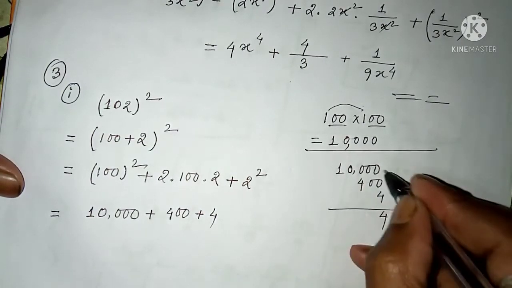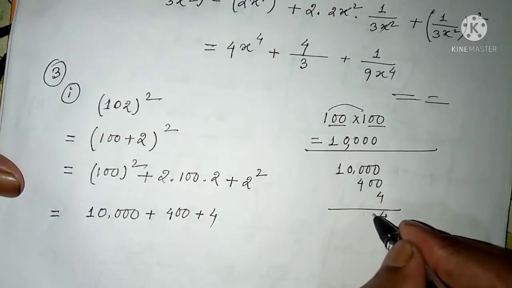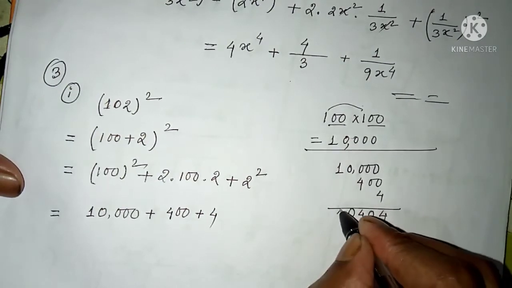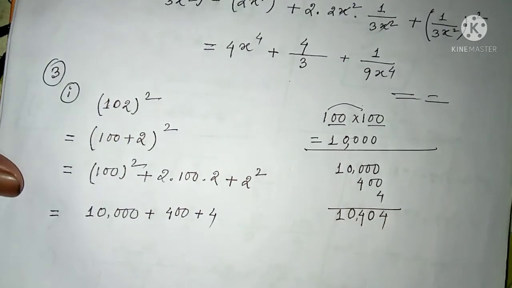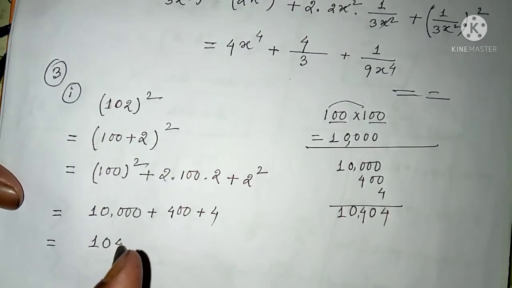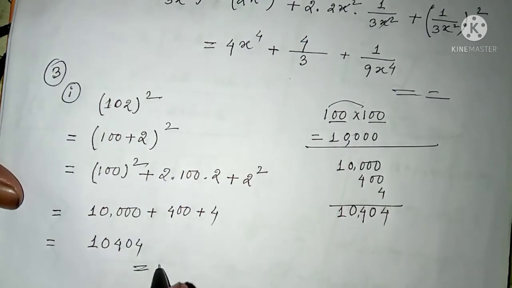So this is 4, then 0, 0, and 1. So our answer is 10,404. This is our final answer.